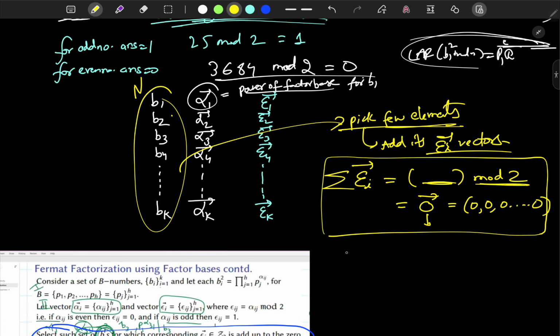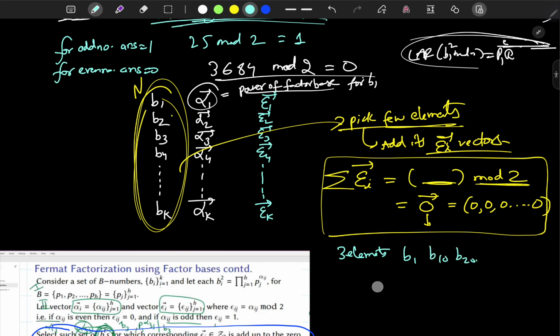Suppose I have picked 3 elements, let's say B1, B10, B20.